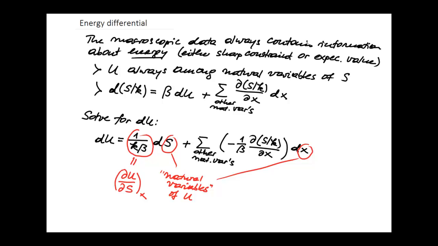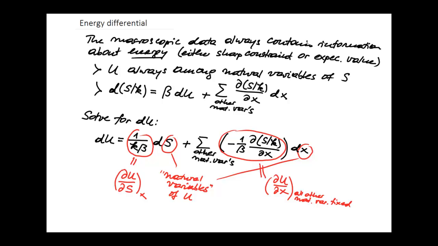Likewise, the expression in front of the dx must be equal to the partial of U with respect to x, while keeping all other natural variables fixed.